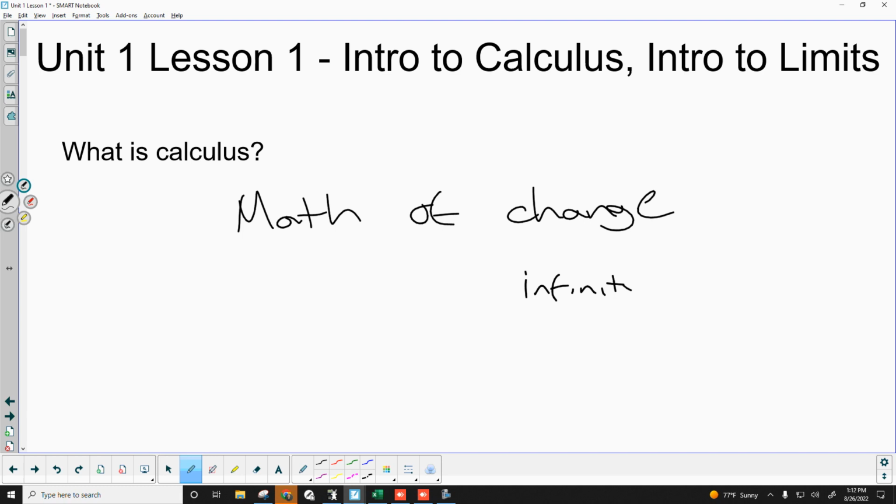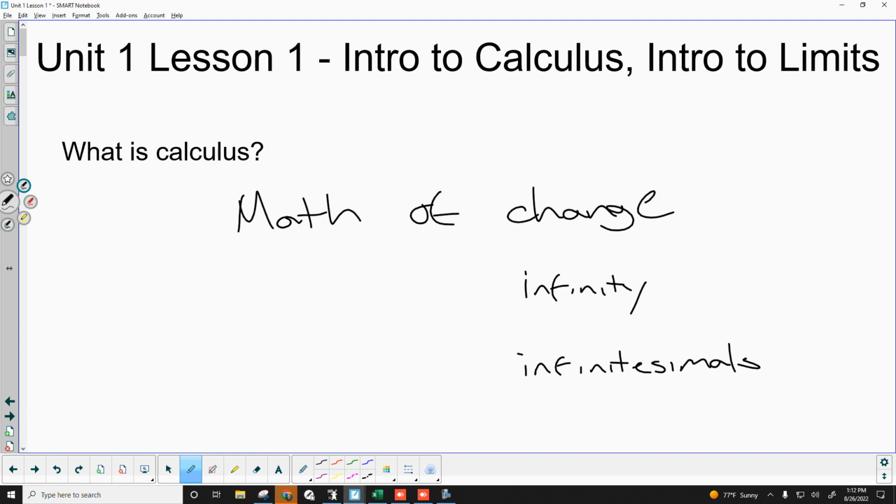But another thing we can say calculus is, is the math of infinity or the math of infinitesimals. I don't know if that's how you spell infinitesimals. I don't even know if that's a word. But what do you think an infinitesimal is? Very small, yeah. Like the idea of decimals.